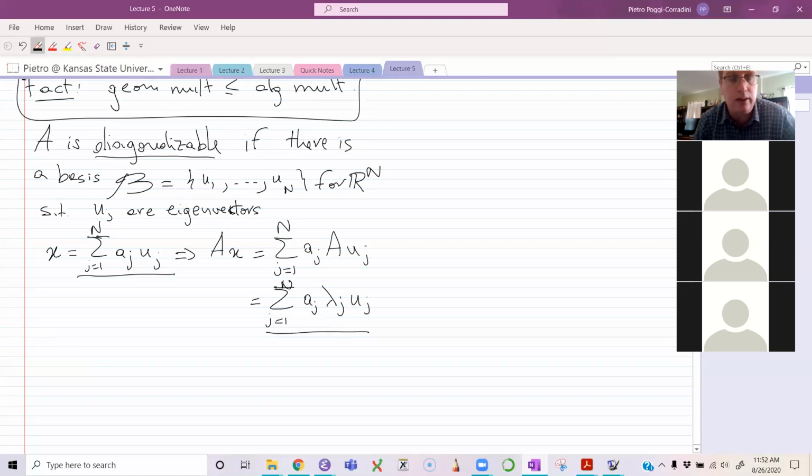And that you can represent as a diagonal matrix, lambda, by putting the lambda j's on the diagonal, right?